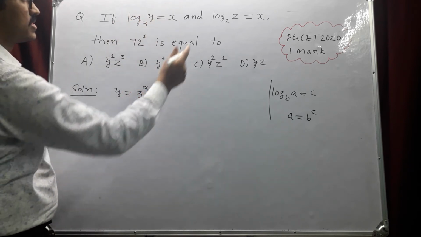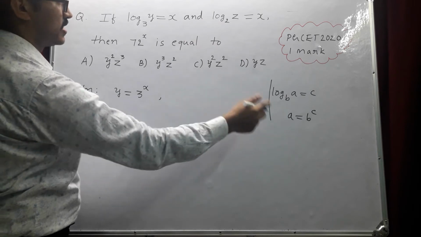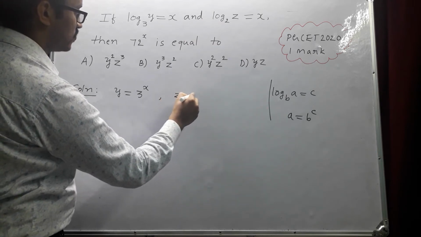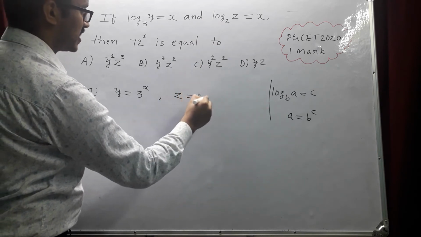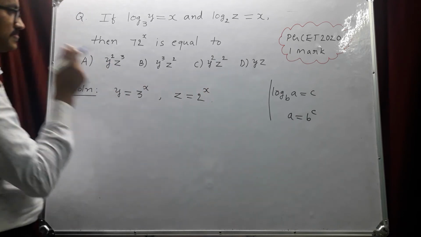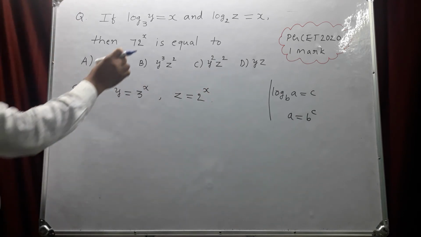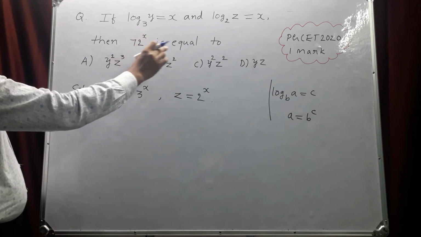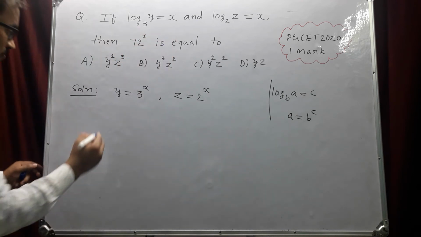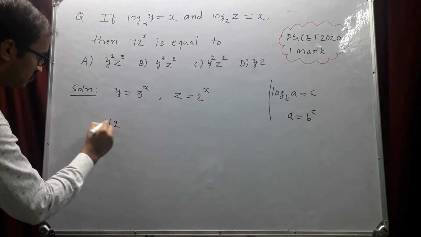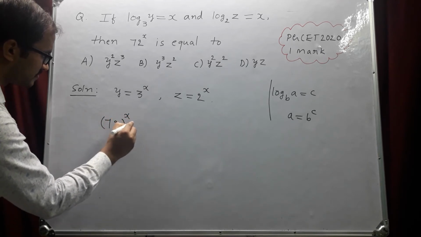Similarly, here we can write z is equal to 2 power x. So they have asked for 72 power x, so consider the value 72 power x.